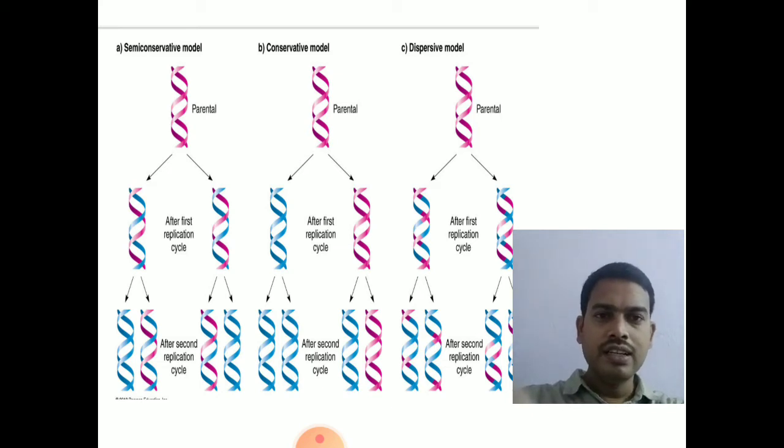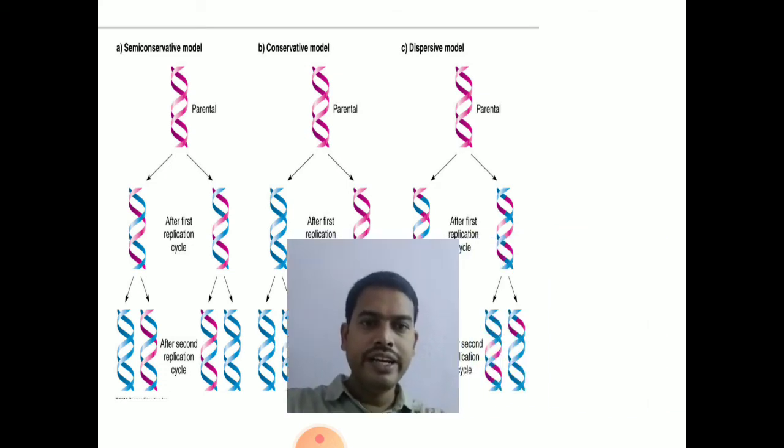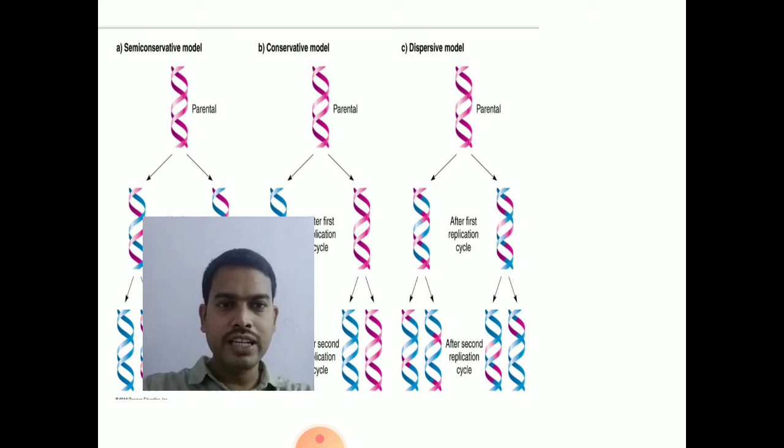That is conservative mode of replication. Whereas in dispersive mode of replication, it is a patchwork of parental as well as newly synthesized strands. So these are the three modes of replication: semi-conservative, conservative and dispersive mode of DNA replication.